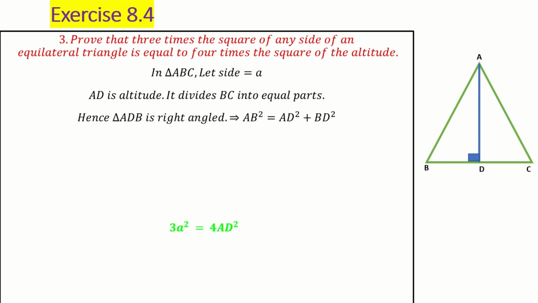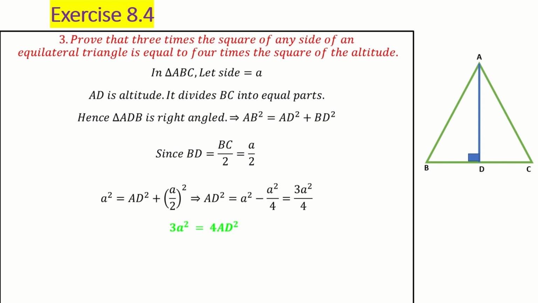AB square equals AD square plus BD square, where BD equals BC by 2, or A by 2. Substituting, A square equals AD square plus A by 2 whole square, which implies AD square equals 3A square by 4, which means 3 times A square equals 4 times AD square.